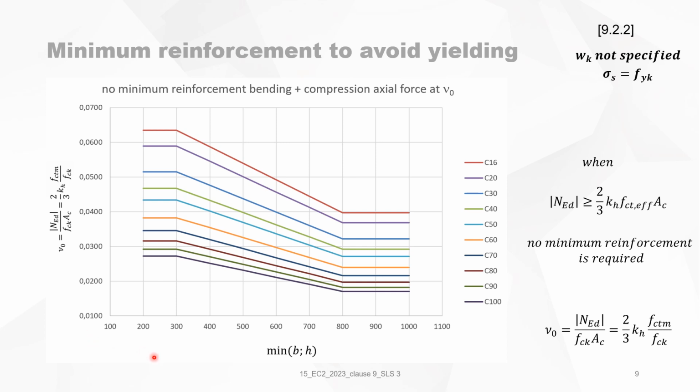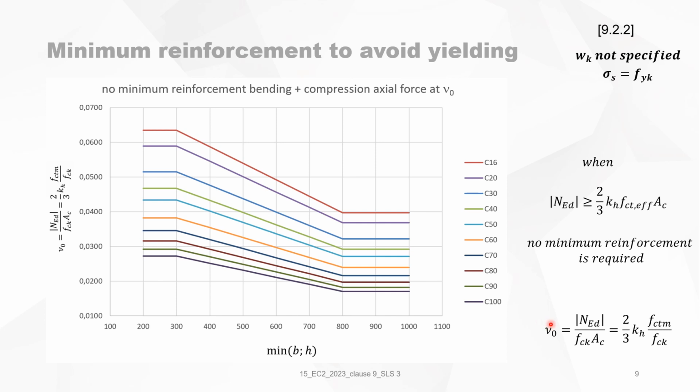We can now look at the minimum reinforcement to avoid yielding at the point where NED is bigger or equal to 2/3 kH FCT effective AC. We can look at that point and we call this V0. It's a non-dimensional compressive force.